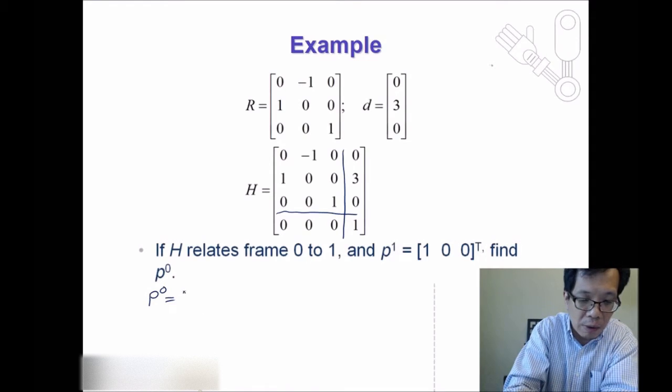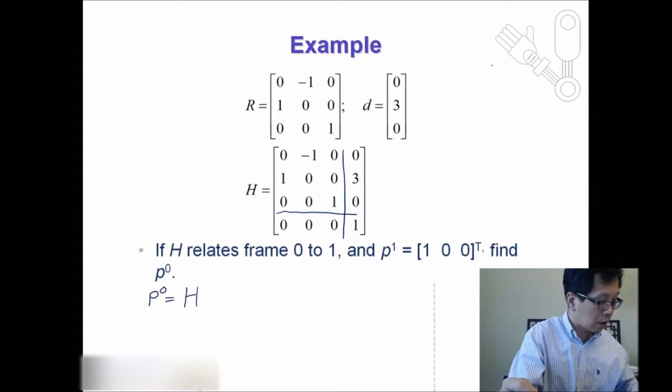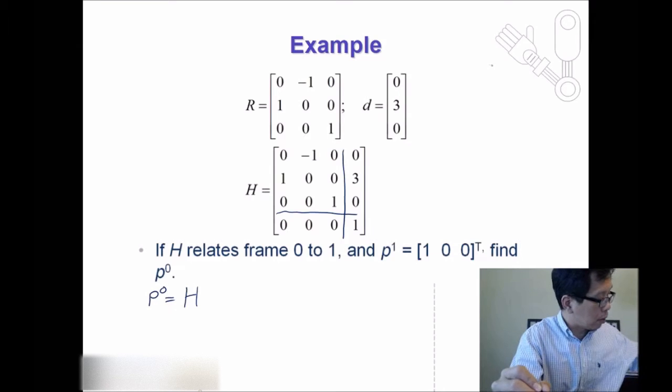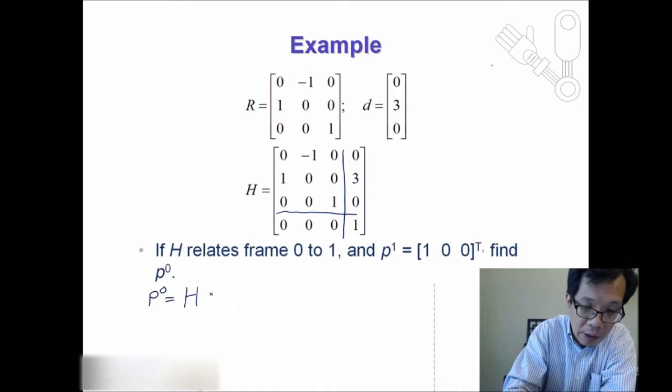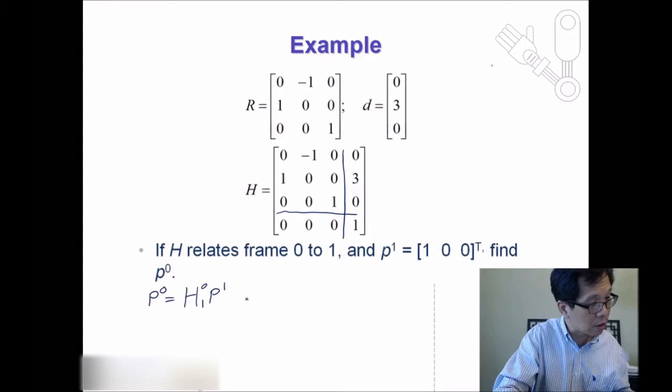P0 is going to be H times P1, from 0 to 1. So this is something we're going to use over here.